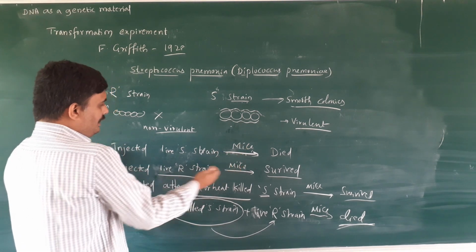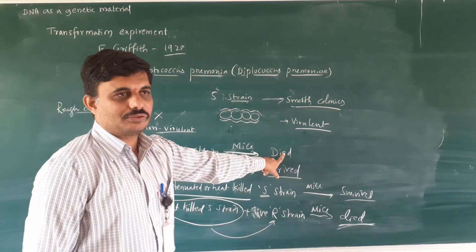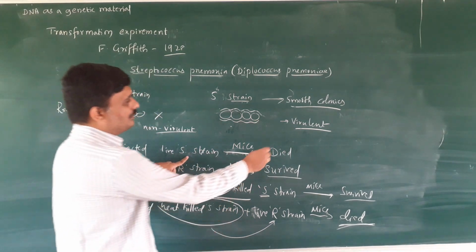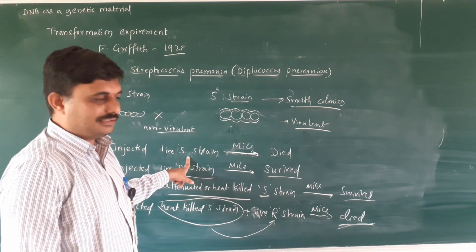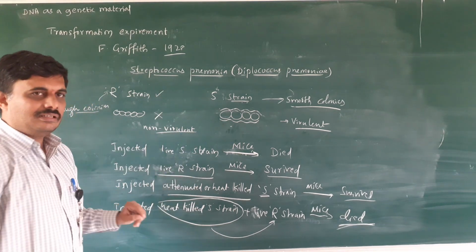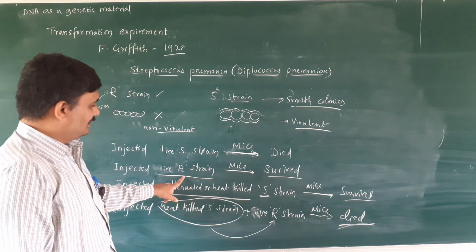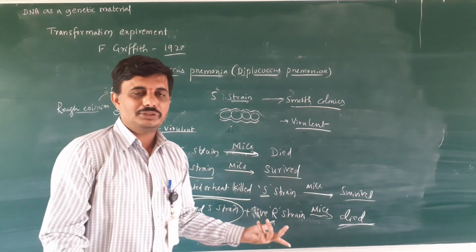So what he did, he injected the live S strain into the mice. The mice died, because the S strain is a virulent strain with the capacity of pathogenicity. When he injected the R strain, the mice survived. Why did they survive? Because the R strain is non-virulent. It does not have the capacity to cause the disease.